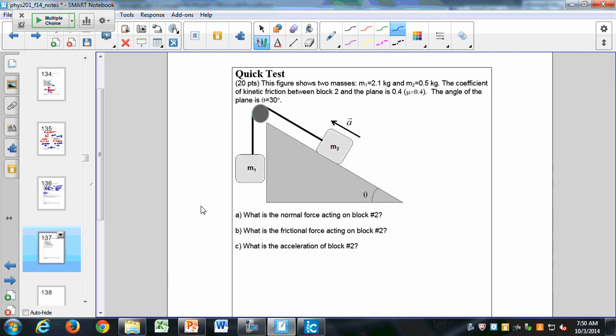Let you get a little head start, and then I'll jump in. I'm going to start labeling the forces here.